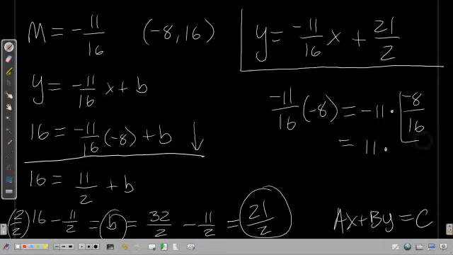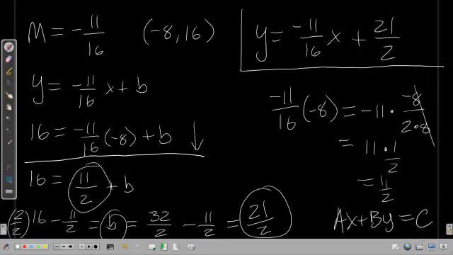It's 11 times, and surely you can talk to me about 8 divided by 16, because 16 is just 2 times 8. These 8s cancel. This is 11 times 1/2. It's 11 over 2. So that's how we would get the 11 over 2 right here.